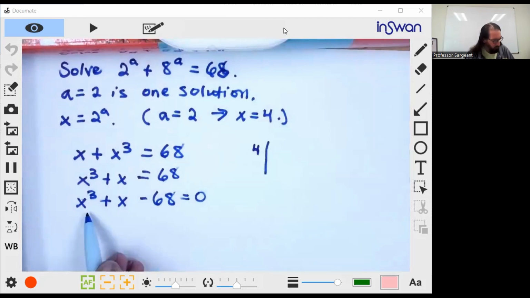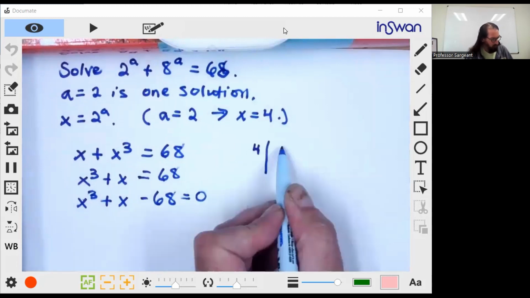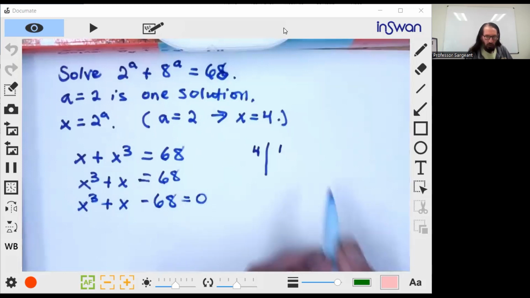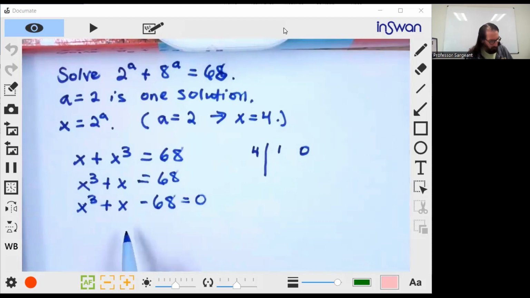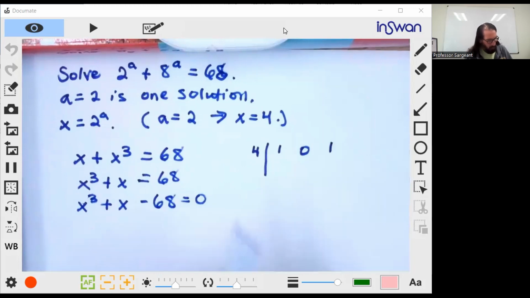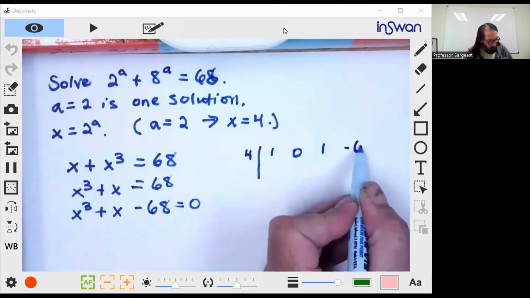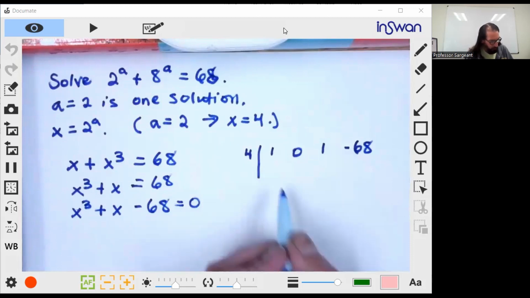I have for the x cubed a coefficient of 1. I have no x squared, so a coefficient of 0. For x to the first, coefficient of 1, and the constant term, negative 68.